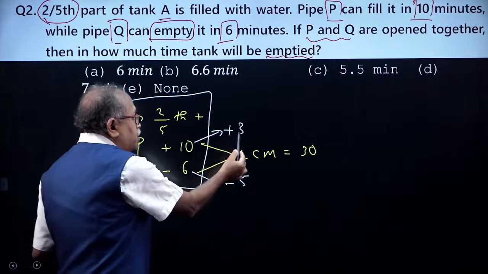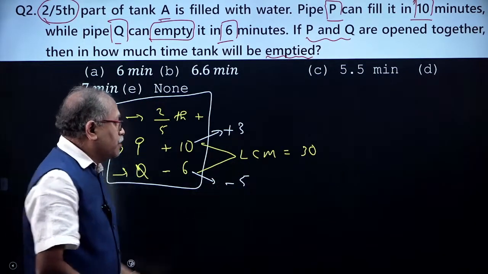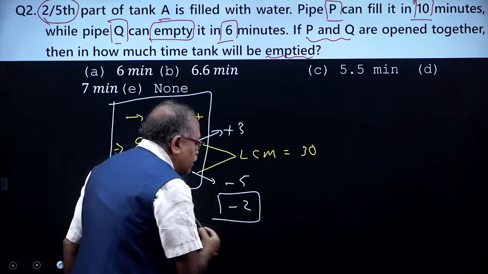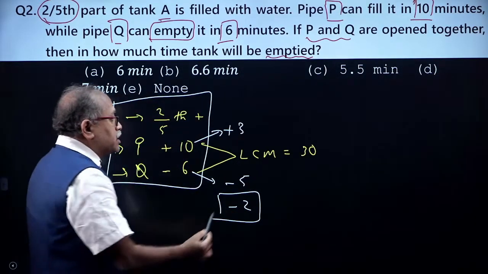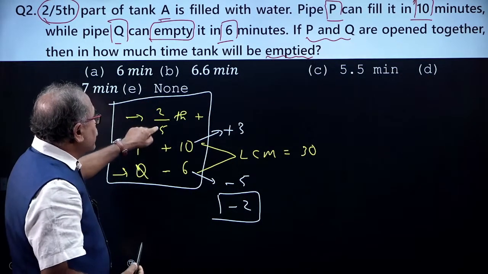If 3 units are filling and 5 units are getting emptied, overall 2 units per minute are getting emptied. 30 units are there in total, but only 2/5 of the tank is filled.